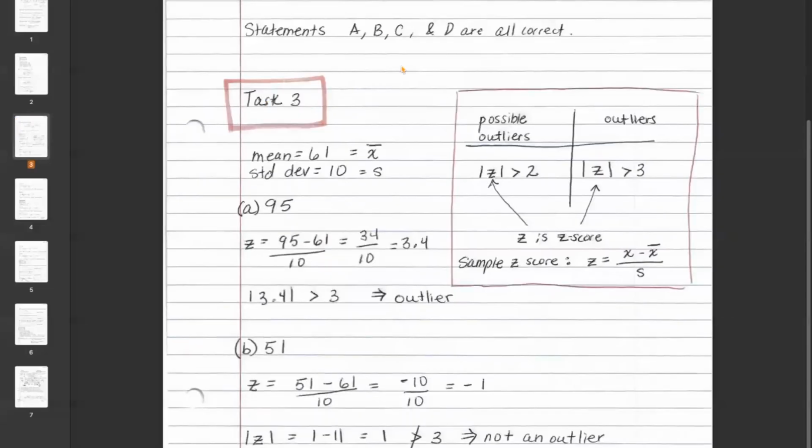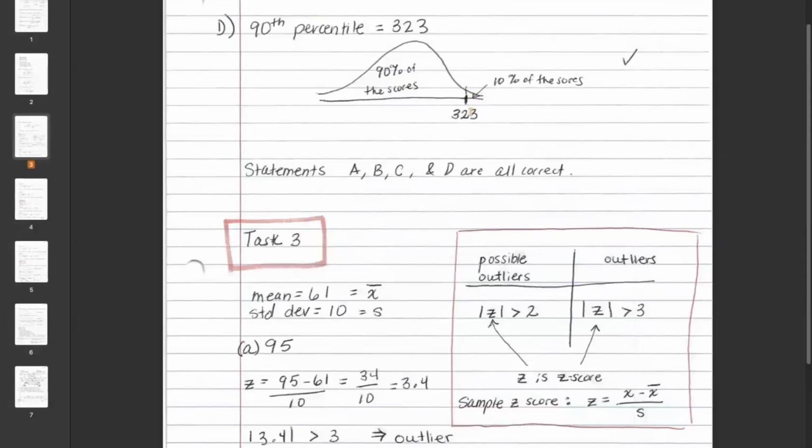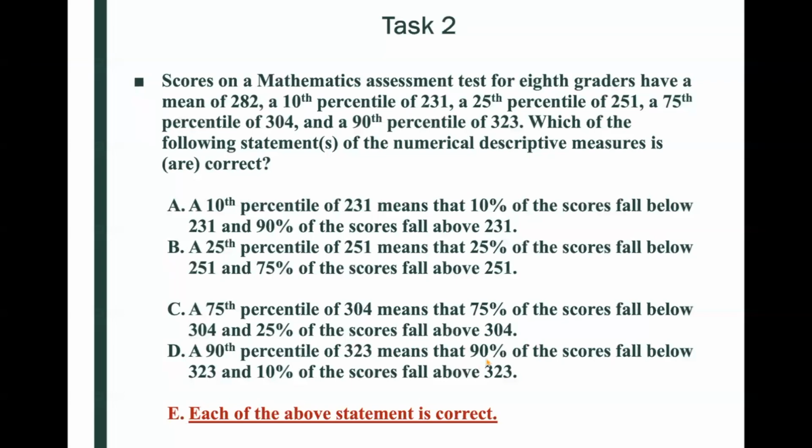Here, I'm going to plot 323, and that means 90% of the scores are below 323 and 10% are greater than 323. So 90% plus 10% is 100%, so that checks out. So all of these statements are correct.